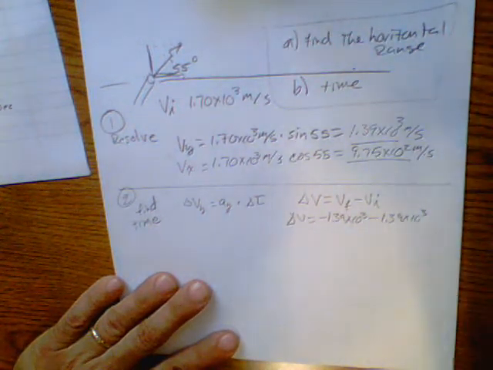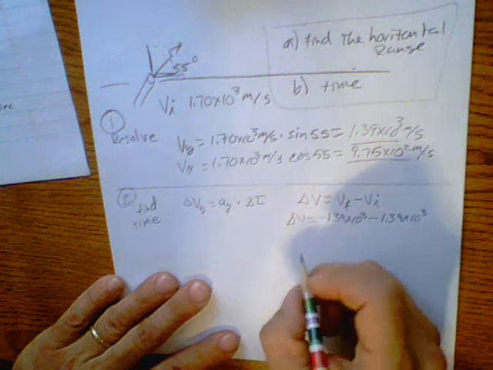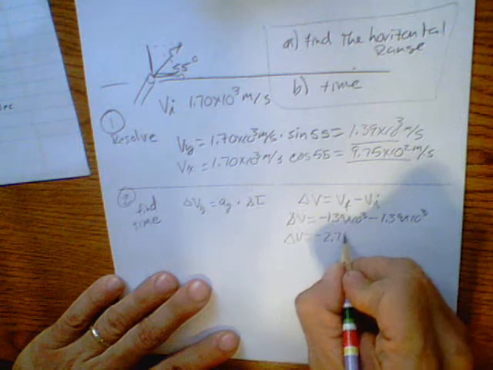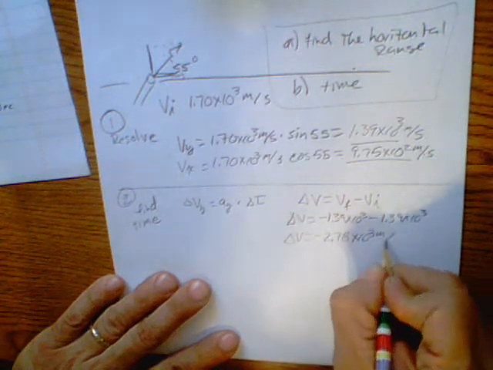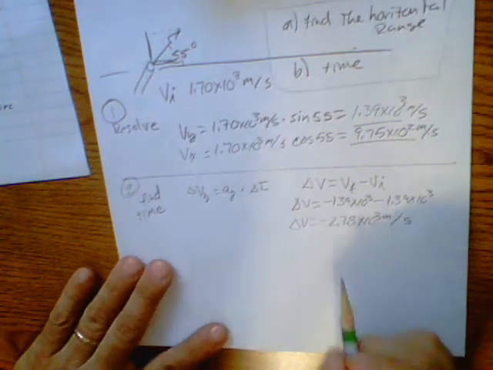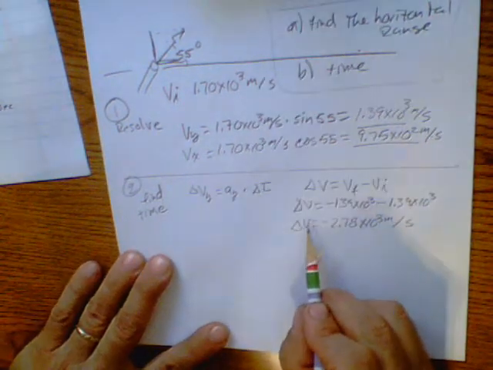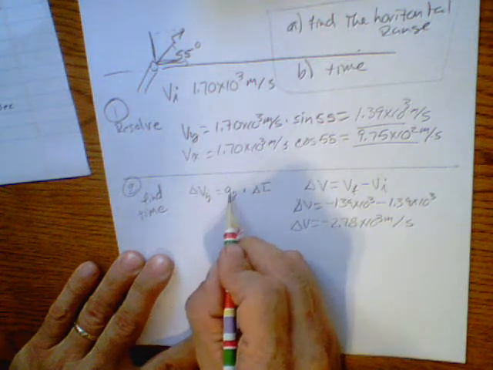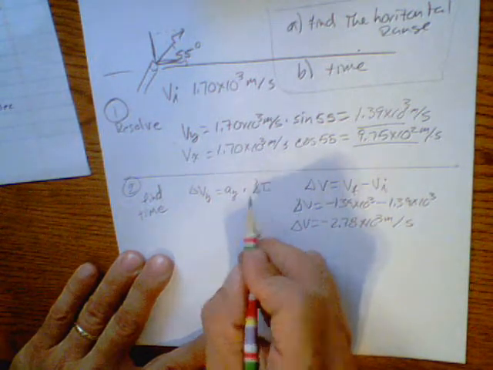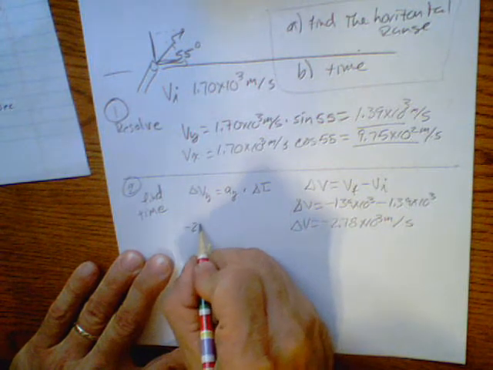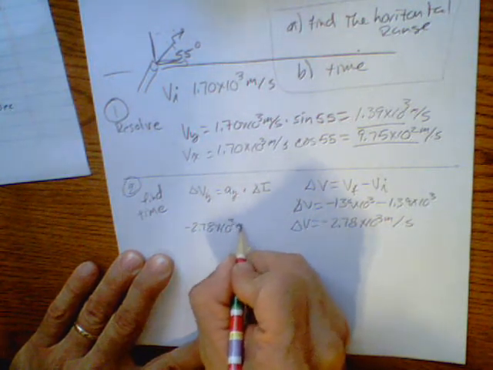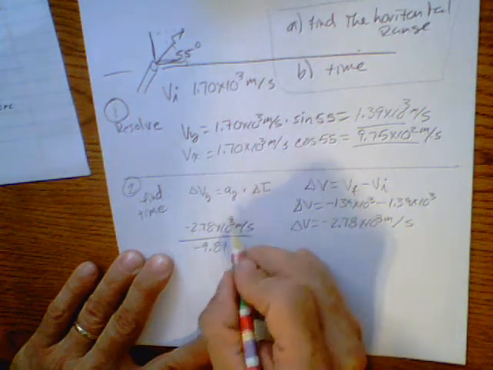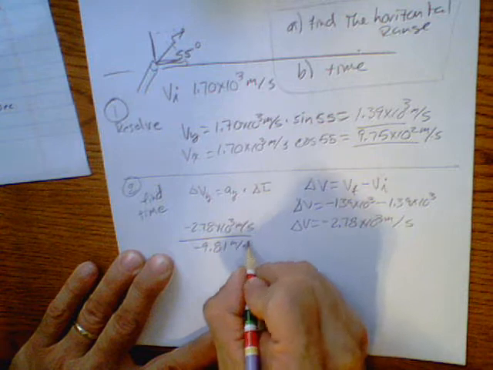I apologize, I don't have units there, but I should put units there. That is negative 2.78 times 10 to the third meters per second. All right, that's how you find the change in velocity. Now that we have the change in velocity, we could just rearrange this equation to solve for t, and that's negative 2.78 times 10 to the third meters per second over negative 9.81, which is due to gravity, meters per second squared.